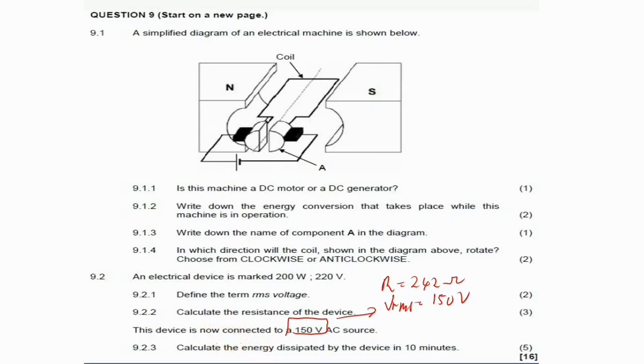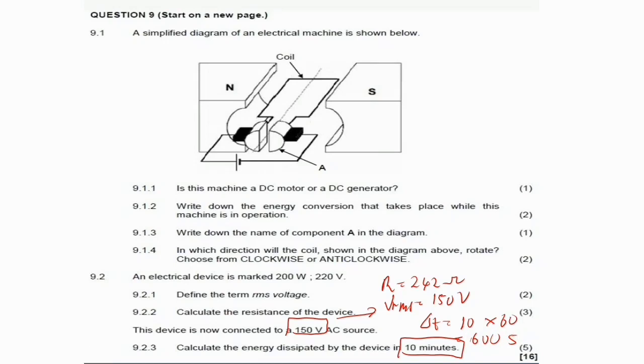Then they say calculate the energy dissipated by the device in 10 minutes. 10 minutes is the change in time, but our time should always be in seconds. So we say 10 multiplied by 60, because 1 minute is 60 seconds, and we find that it's 600 seconds.